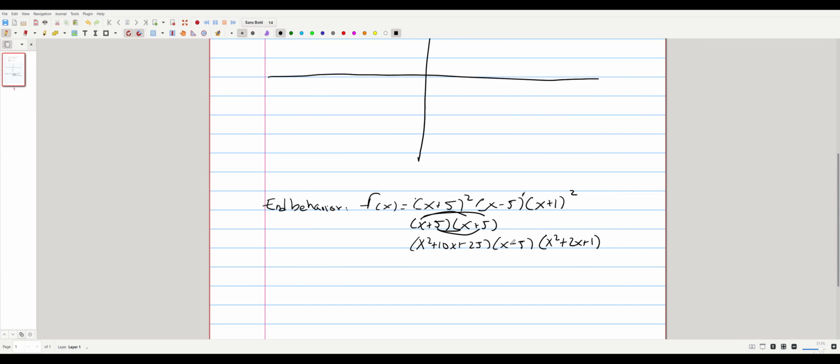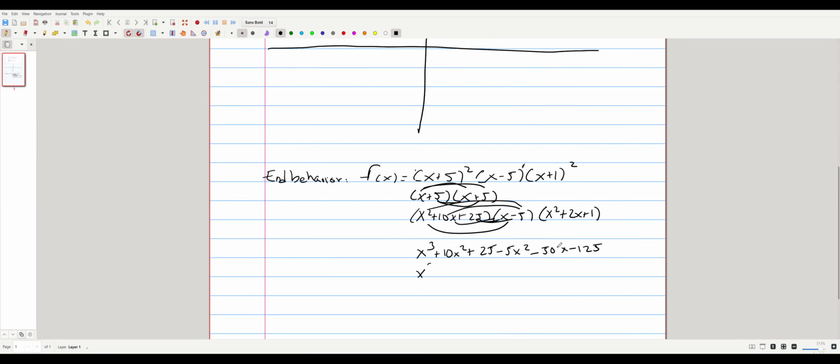And now when we multiply this trinomial times this binomial, we're going to get x cubed plus 10x squared plus 25x, and then minus 5x squared minus 50x minus 125.